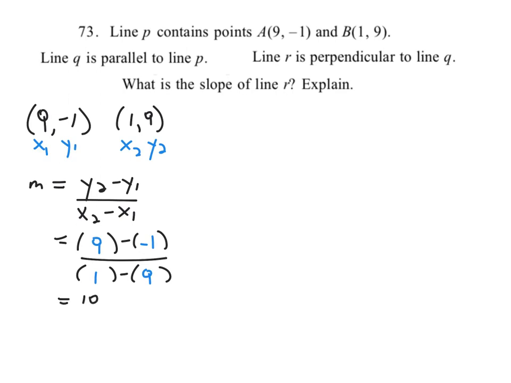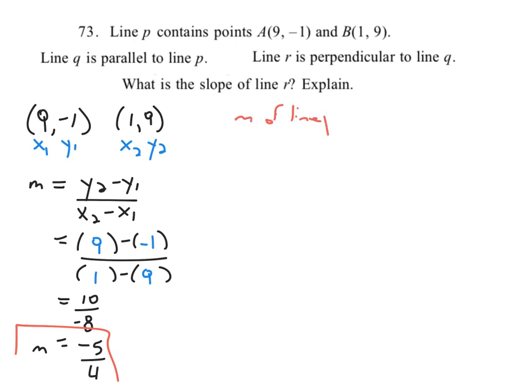And 9 minus -1 is 10, over 1 minus 9 is -8, okay? Which simplifies to -5/4 is the slope of line P, okay?